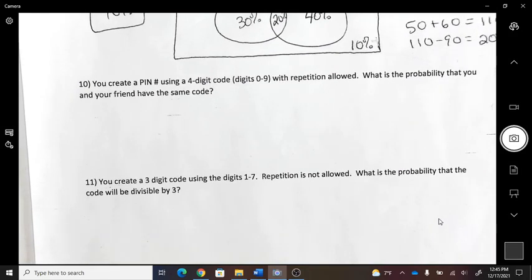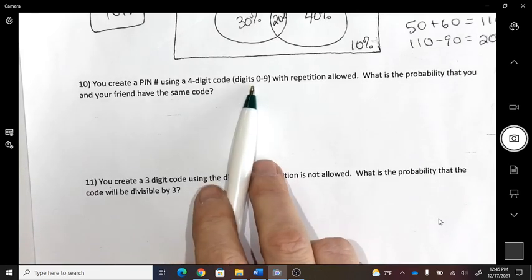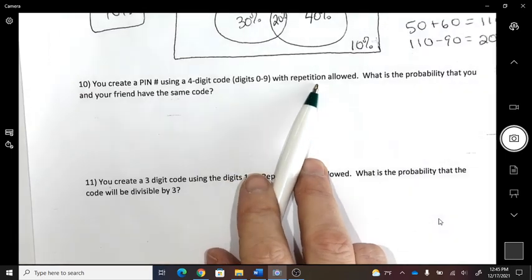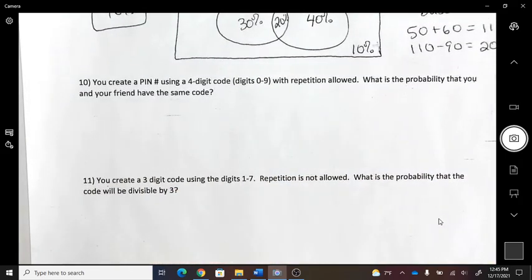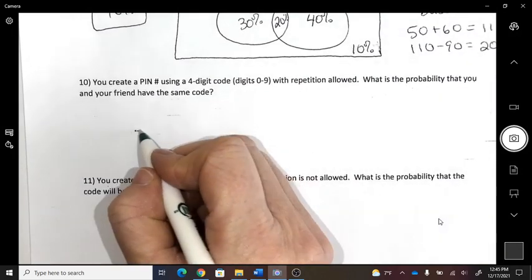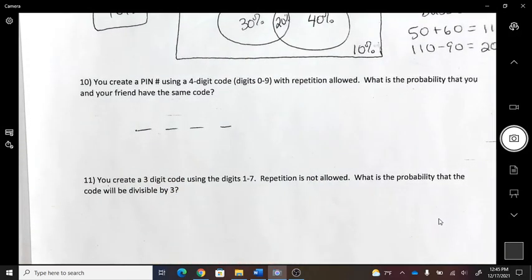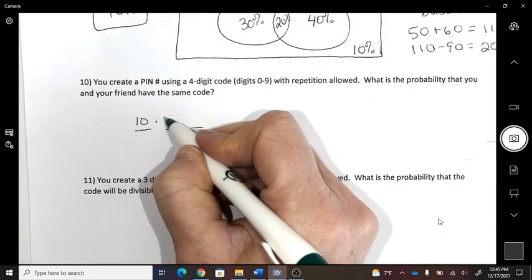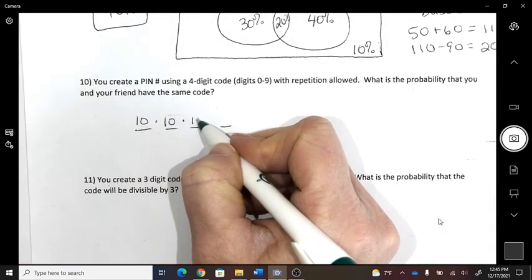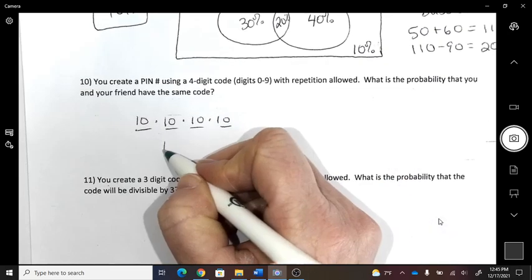Okay, you create a PIN number using a 4-digit code, the digits 0 to 9 with repetition. What's the probability that you and your friend have the same code? Okay, so 1, 2, 3, 4. How many different codes are possible? 10 options. 10, 10, 10.